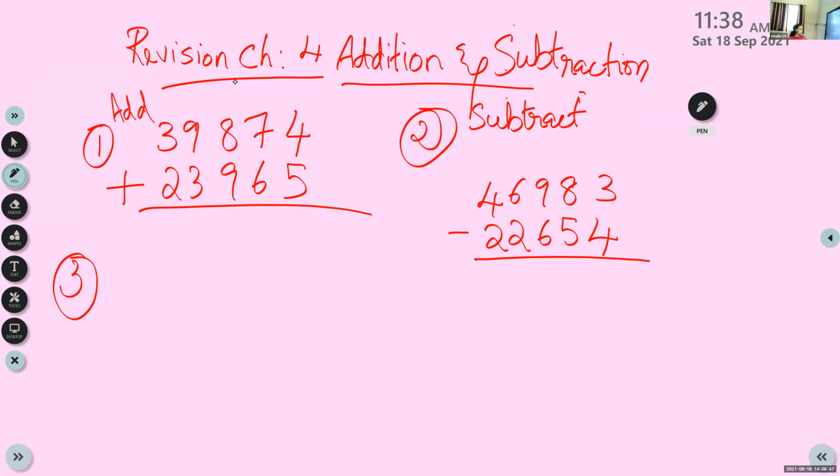Okay, so children, question number 1, you have to add. Question number 2, you have to subtract. Question number 3, no need to write the question because that is a word problem. It will take time.